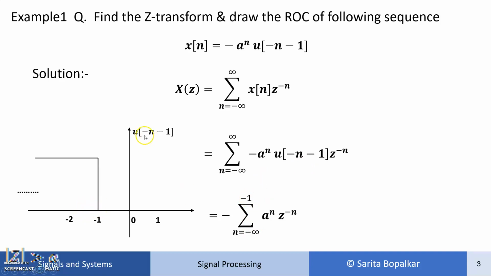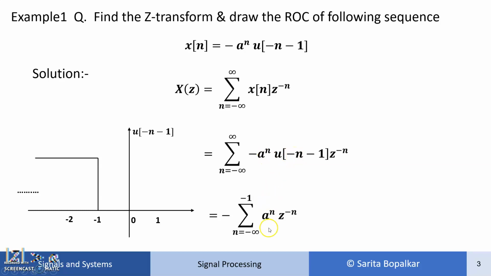This a raised to n gets multiplied by the amplitude 1 of u of minus n minus 1 from minus infinity to minus 1. For other values of n, this u of minus n minus 1 is 0. That's why this a raised to n also exists from minus infinity to minus 1. Otherwise, it will get multiplied with 0.